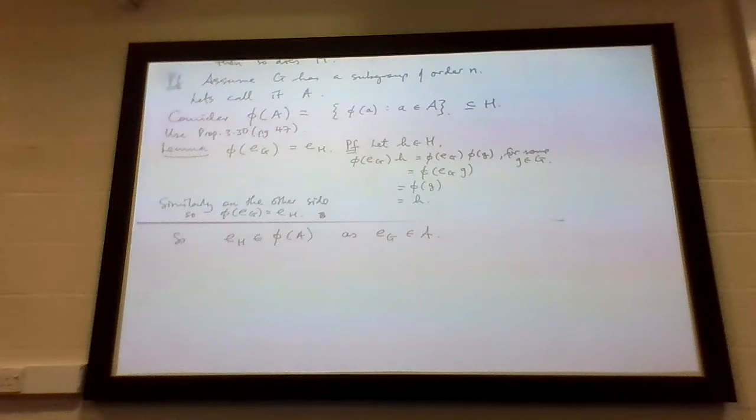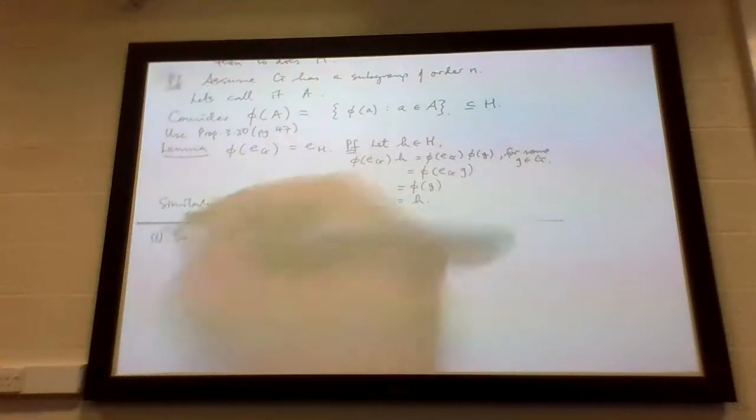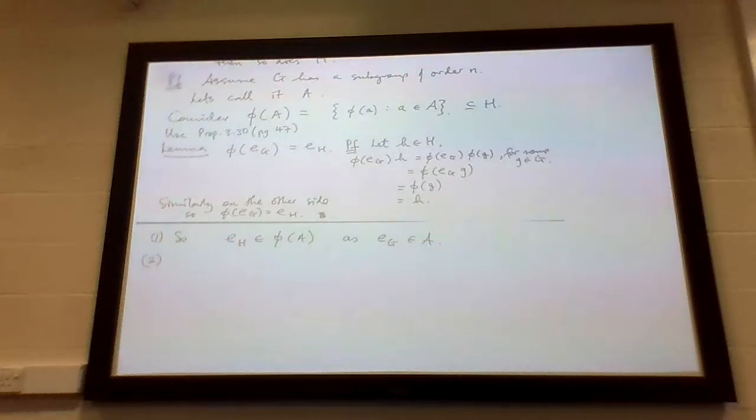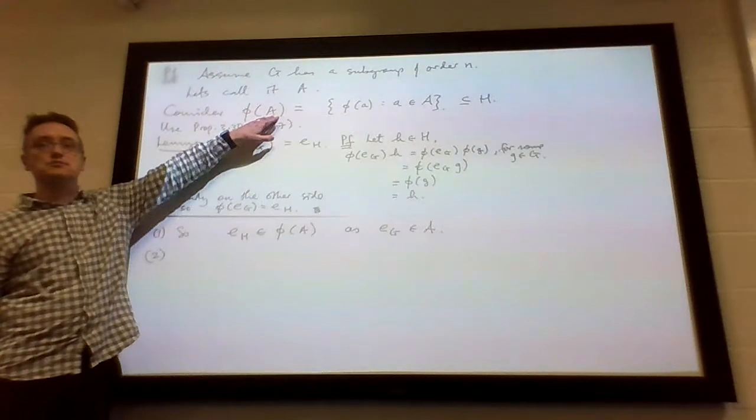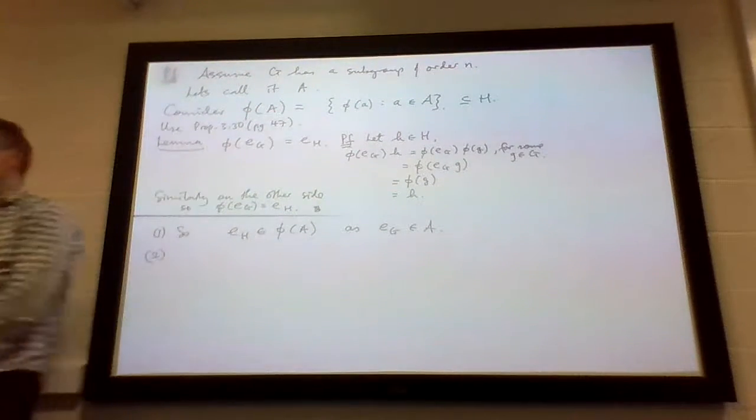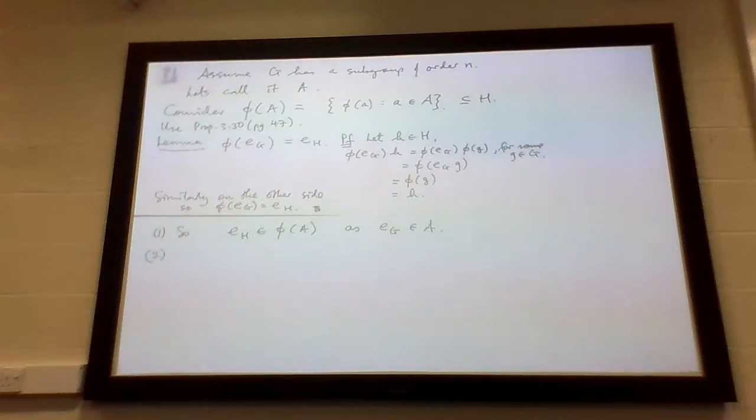Second part, so that was the first part of proposition 3.30. The second condition we have to prove is that it's closed under the operation. So we have to prove that phi of A, remember phi of A is our candidate subgroup. You consider two elements within that.